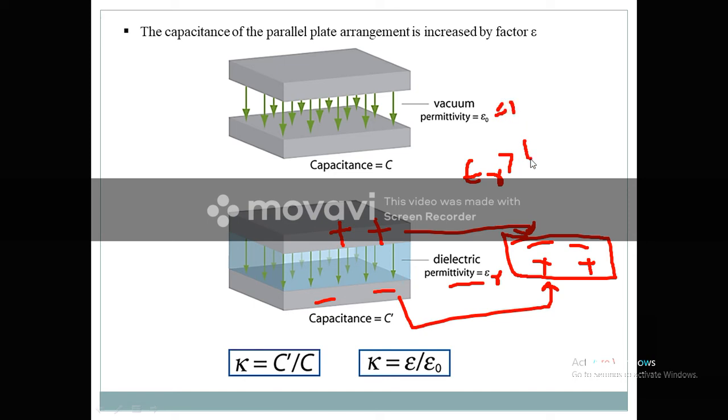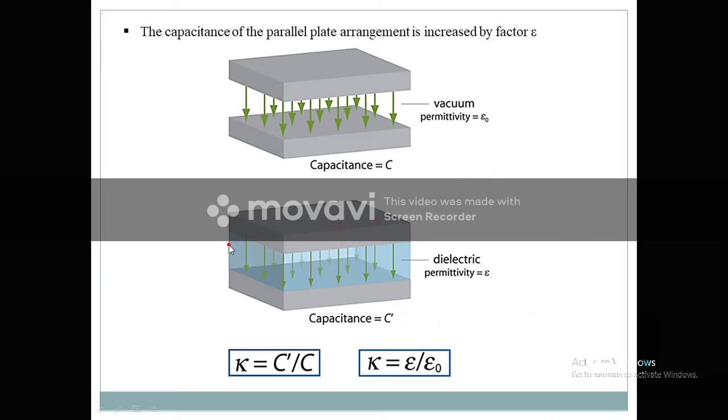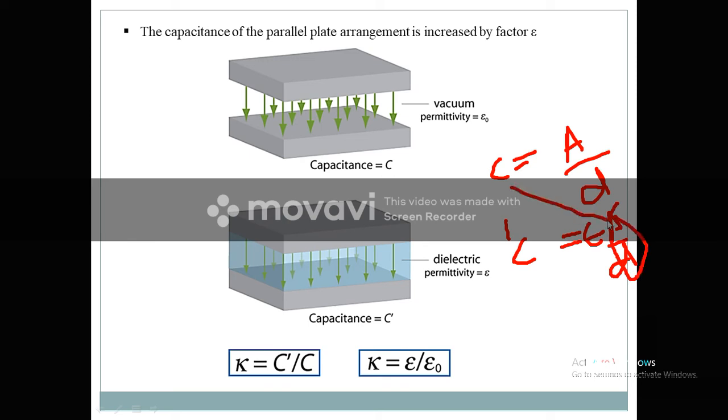Now we have a value greater than 1, so what would happen? It will definitely increase the capacitance, because C is equal to epsilon A over D. So if we had no dielectric material, then C was equal to epsilon naught A over D. Now we have C dash equal to epsilon A over D. So we can replace A over D by this C. So it means C dash is equal to epsilon r C, and indirectly we can say that C dash is greater than C by how much?